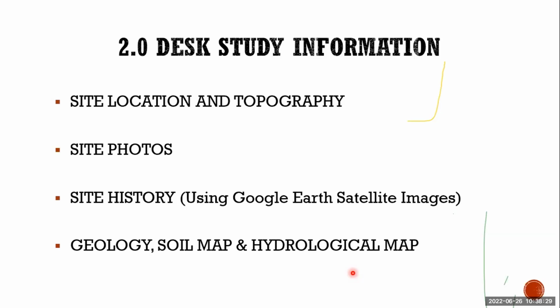Then site history. Actually, we used to take site history based on Google Earth satellite images. It's a free application, anyone can use. Based on your local context, you can check your site condition. From the past, maybe you can get up to 20 years, I think, showing how the site has changed with time and what developments have been made in the vicinity of the site.